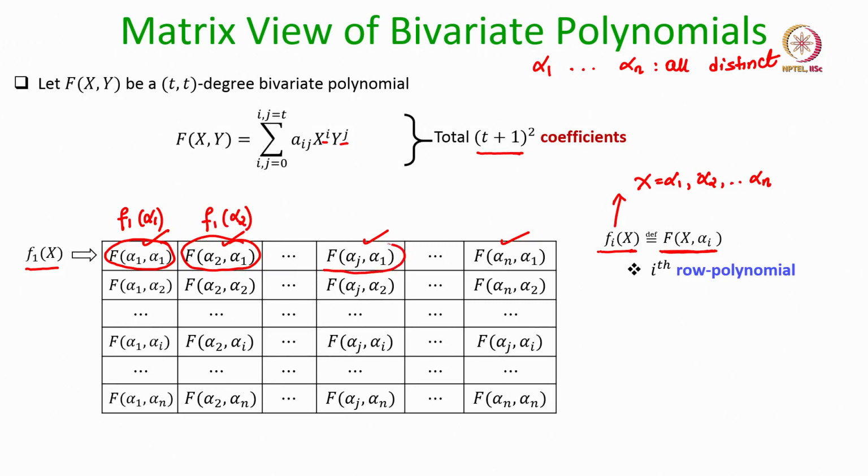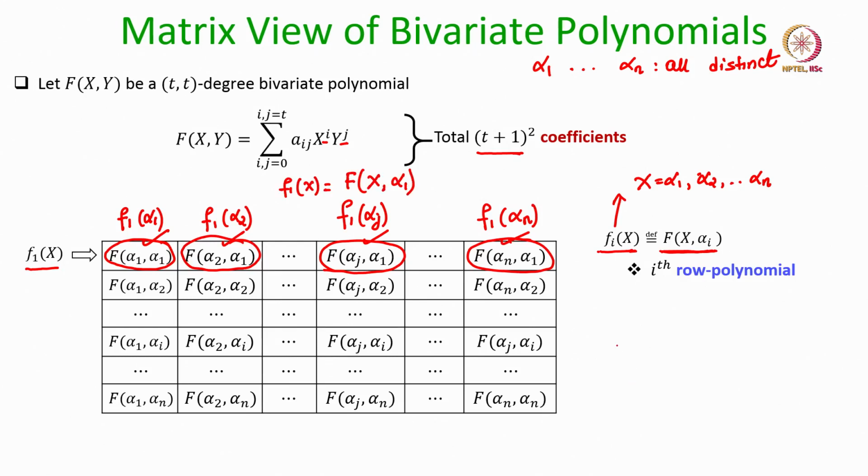The jth value in the first row is the first polynomial evaluated at alpha j, and the nth value in the first row is the f1 polynomial evaluated at alpha n, because f1 of x as per my definition is nothing but the bivariate polynomial evaluated at y equal to alpha 1.